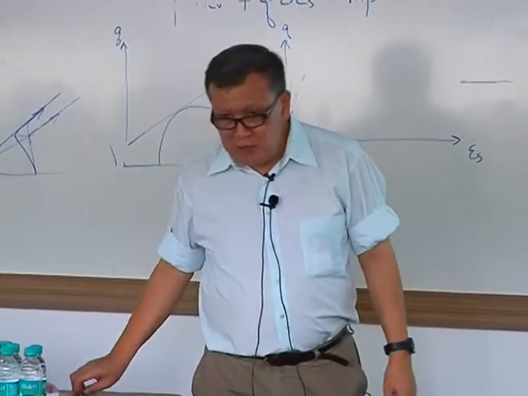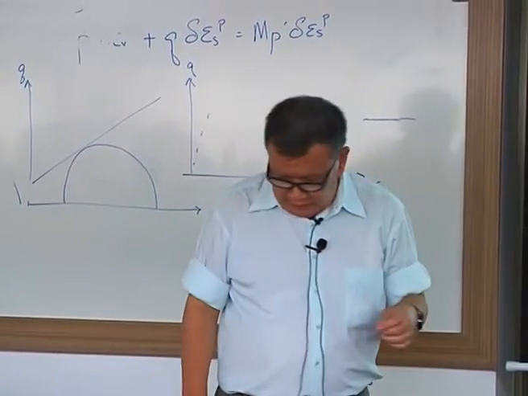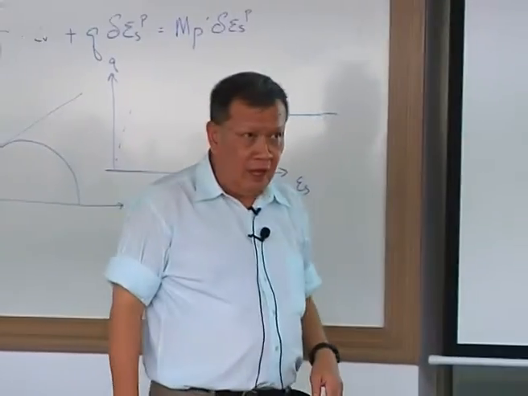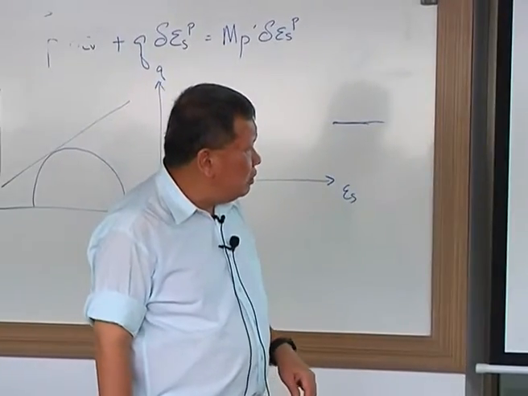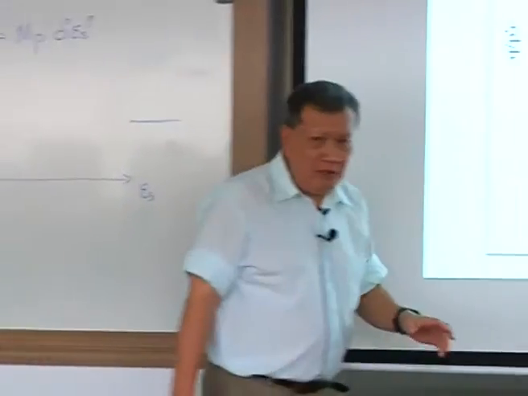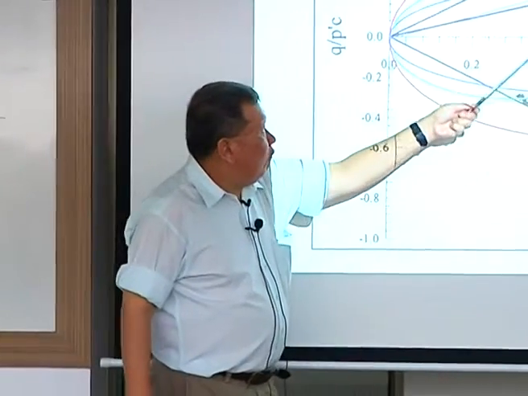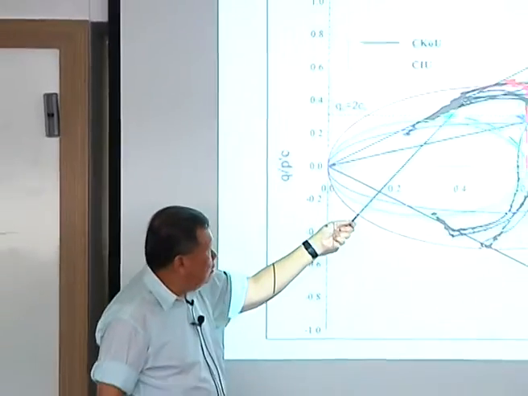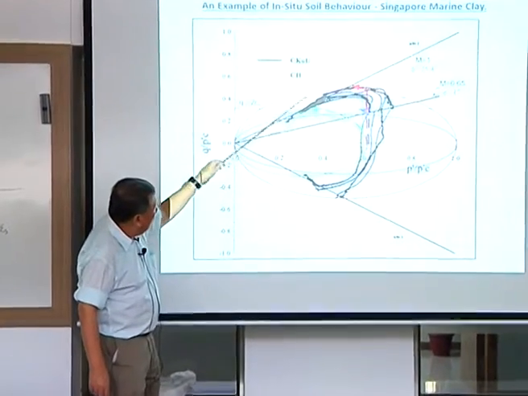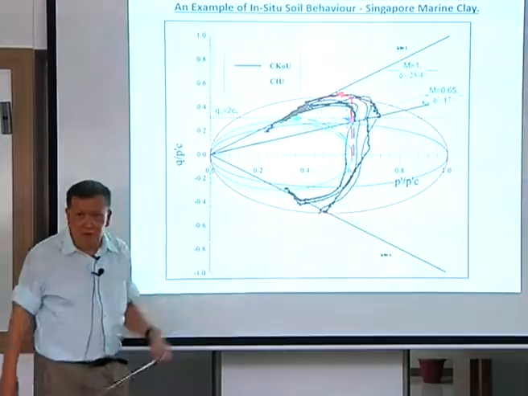But more importantly, this chart was produced for one of the natural soil conferences organized in Singapore, and we actually used this chart to show one point, that Singapore marine clay has a very special attribute, and that is that the M value for friction for compression is very similar to the M value for extension.